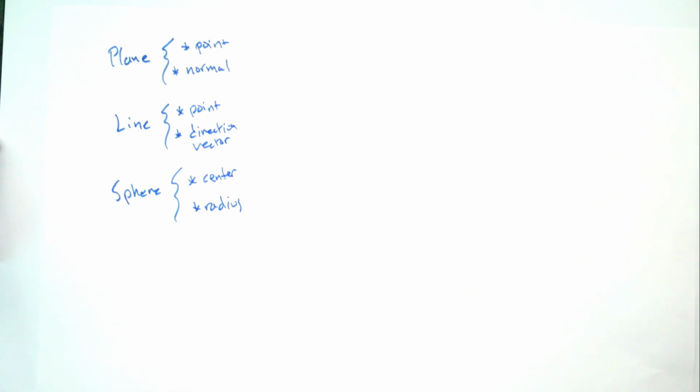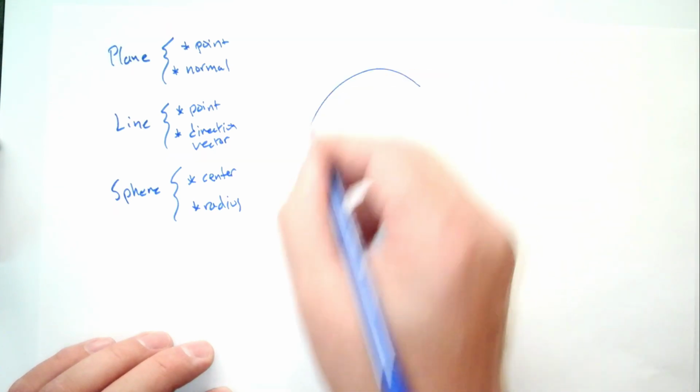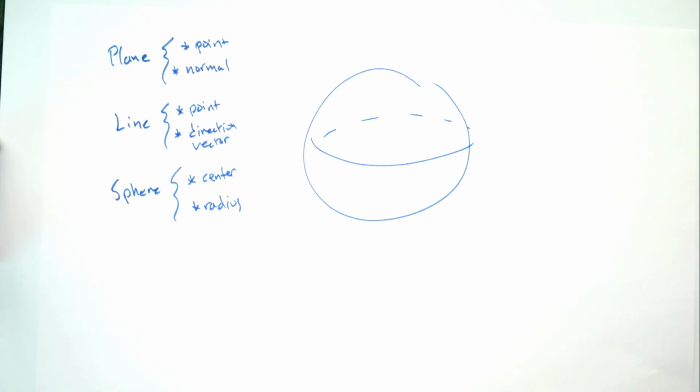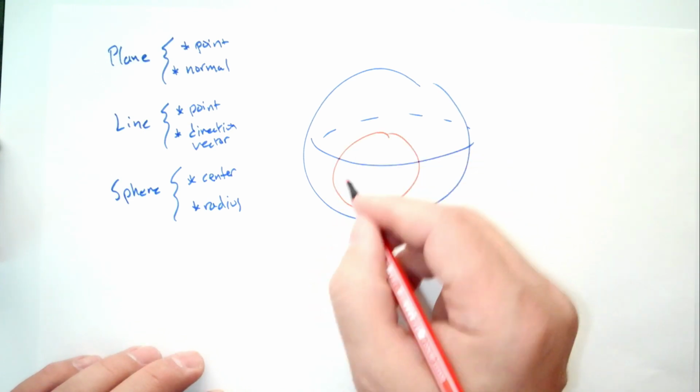So whenever you're asked to find a certain object, you start thinking, okay, what is it I need to make that object? So if you're looking for spheres, you say, I need to have something like a center and a radius. So you can have a problem that says, suppose you have one sphere, and then you have another sphere. Let's put this other sphere inside of the big sphere.